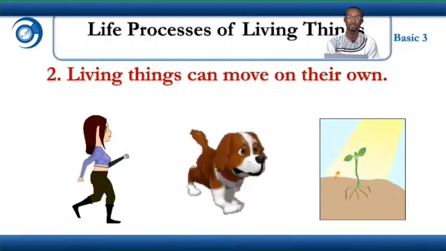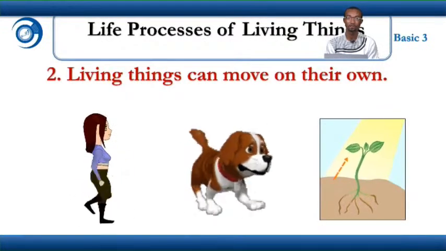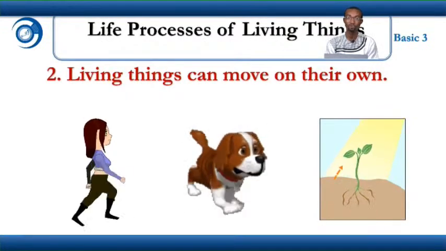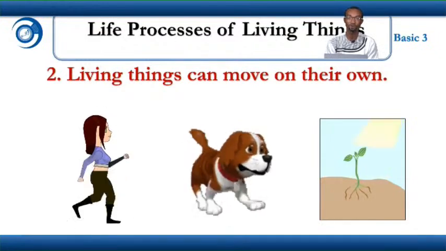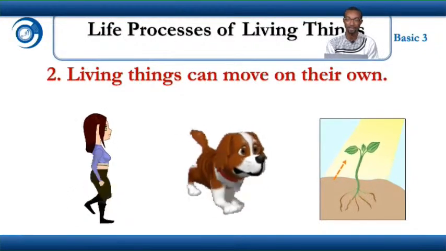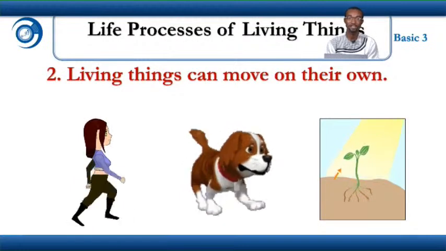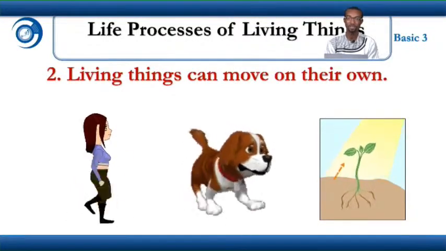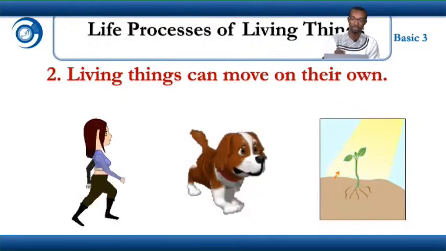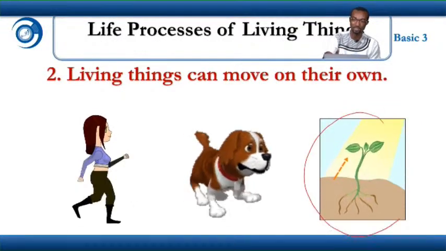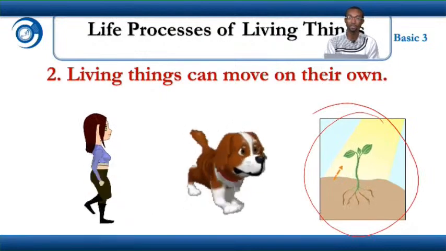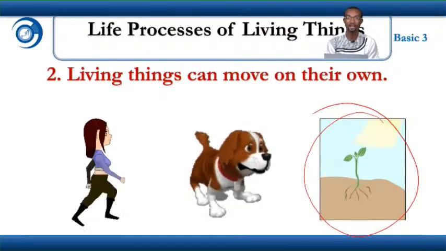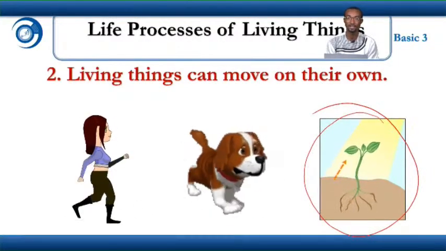Let's look at plants or trees. Plants do not move their whole bodies from one place to another, but they can move certain parts of their body. Most especially, if you see what we have on the screen here, plants normally tend towards the direction of sunlight.